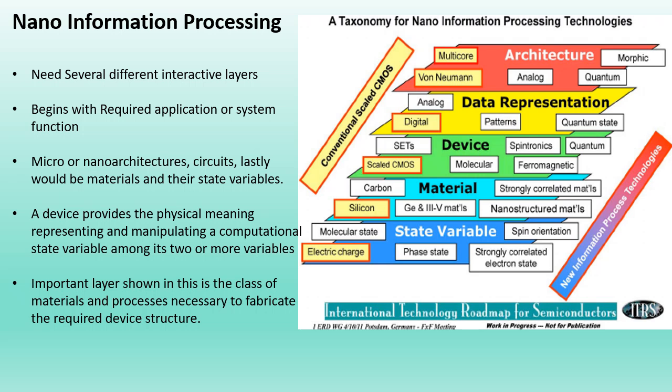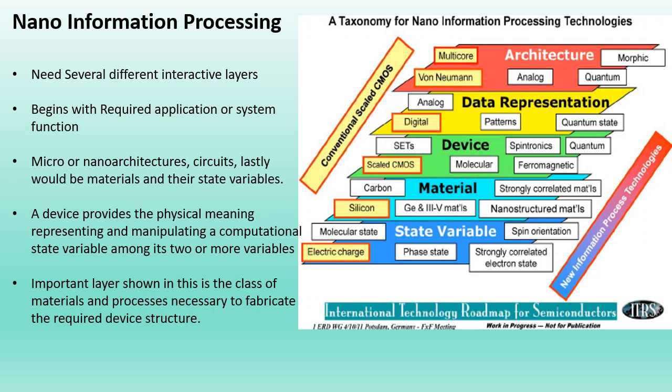It starts with the required application or system function, then moves to micro and nano architectures, then to circuits. A device represents and manipulates a computational state variable using two or more physical states. The key point is that the materials and fabrication process determine whether the required device structure can be made.